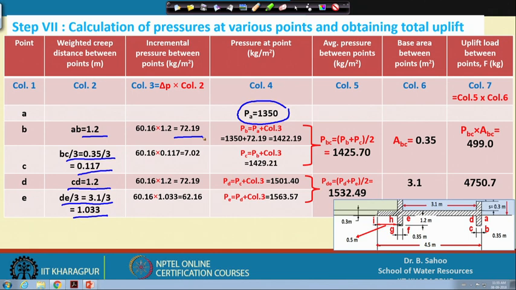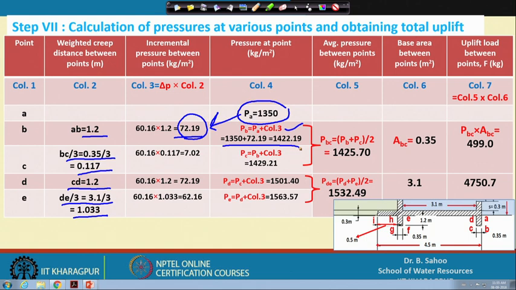That means this 72.19 kg per meter square is the incremental value on the value of P A. So, for getting P B, that is the pressure at point B, you will get the P A value plus the incremental value estimated in column 3. So, you will get 1350 plus 72.19, that equals 1422.19 kg per meter square.